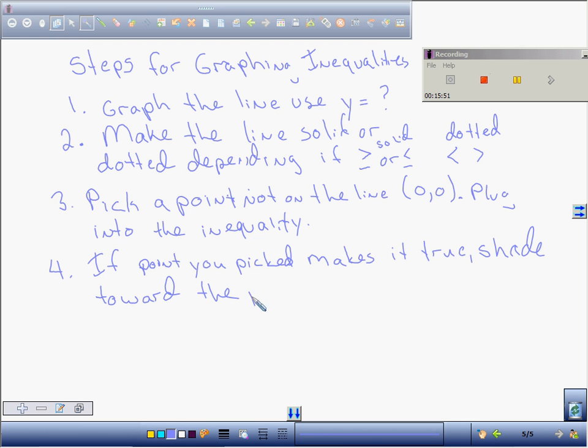Hey, just as a question, is it possible that both sides won't be true to the equation? No, that's impossible. Just curious. If it's not true, shade away.